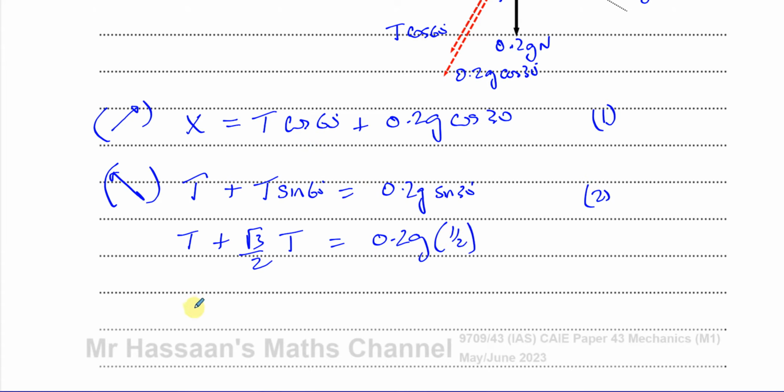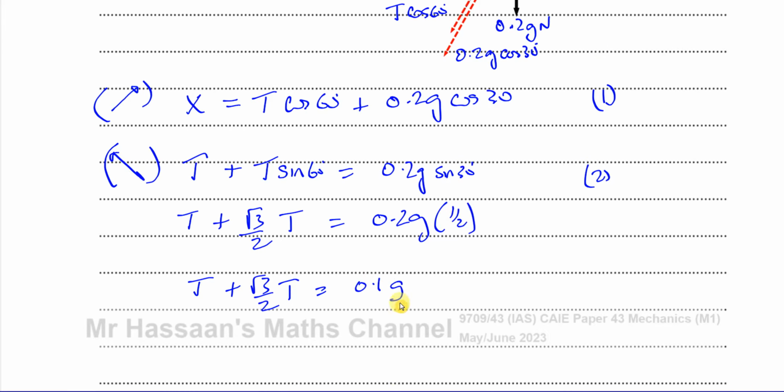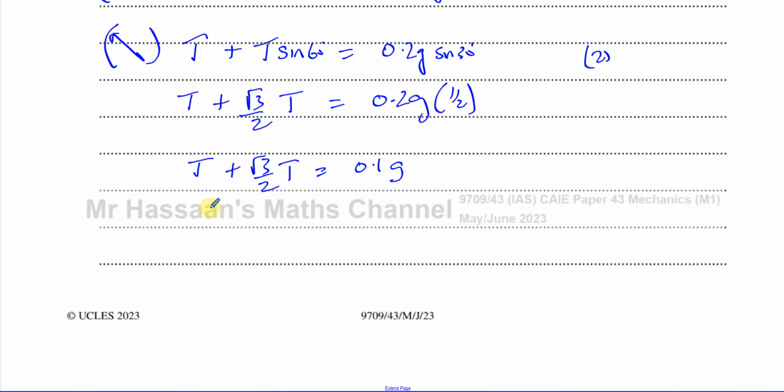So root 3 over 2 t equals 0.1 g. Now we're going to multiply both sides by 2 to get rid of the fraction. I'm just trying to make it a bit simpler.